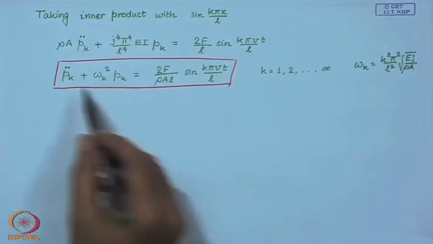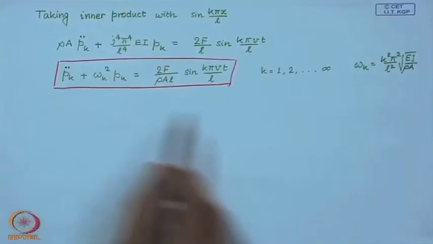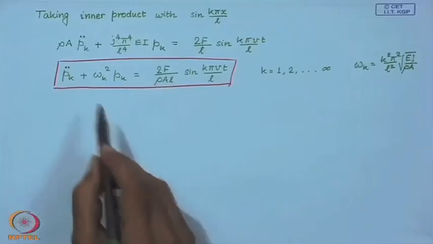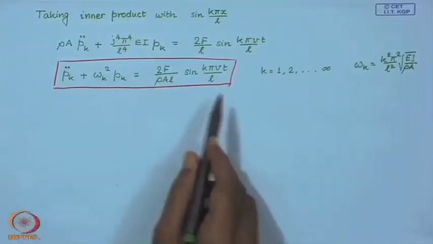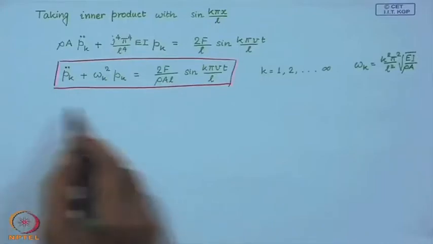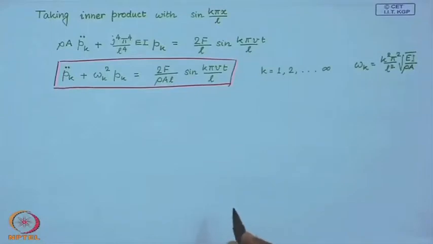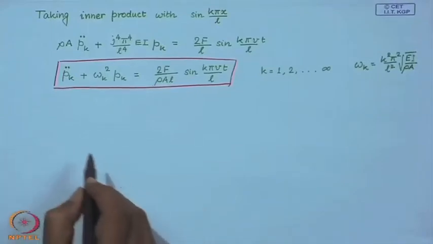Now, you see all these modal coordinates are decoupled. So, they can be solved independently, and we know the general solution of this system. So, we can easily write down the general solution of p k and construct the solution of the beam.